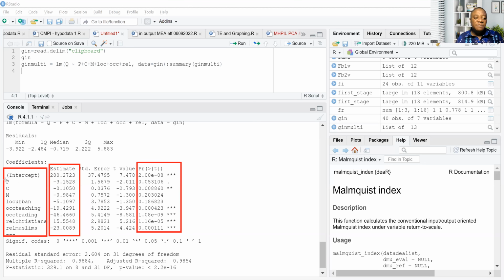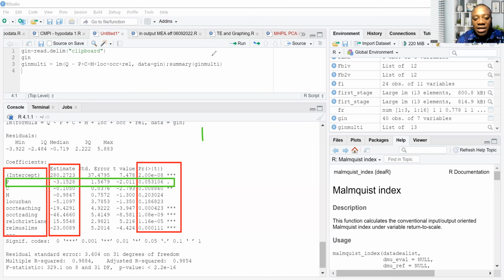So the first coefficient is P. If you want to know whether P is statistically significant, all you have to do is check the p-value, just like we did for the F test. The same thing here.